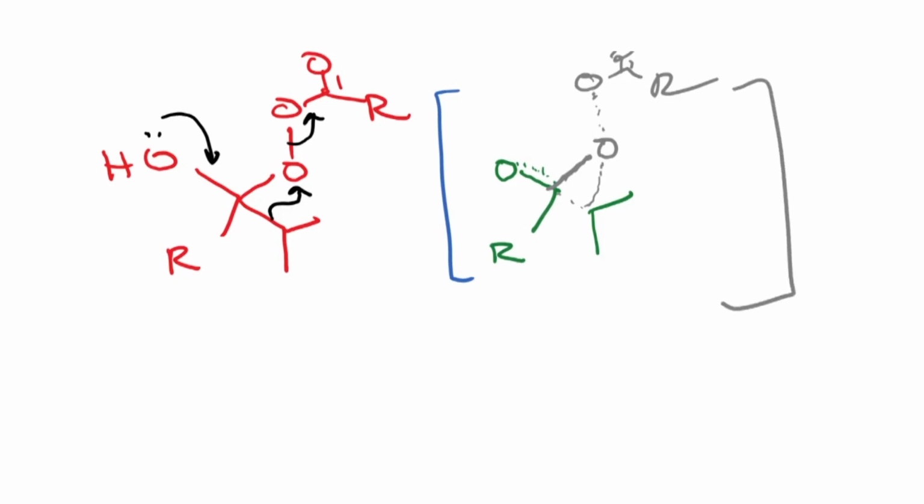One thing that becomes clear is that because this oxygen is going to get a full positive charge, it's likely that there is some delta plus over here. But what is also suggestive, based on the migratory aptitude data, is that there must be a small positive charge being formed here, which can be stabilized by alkyl groups. As you increase the number of alkyl groups, the stabilization of that partial positive charge goes up.